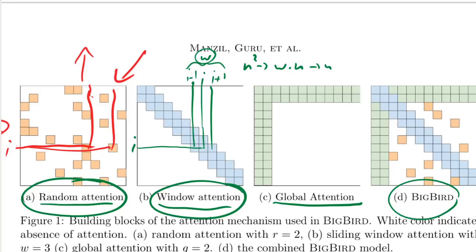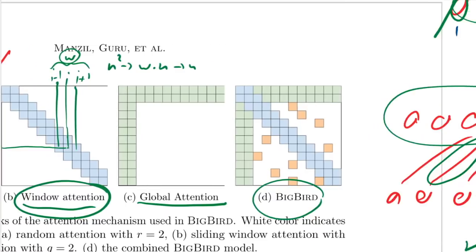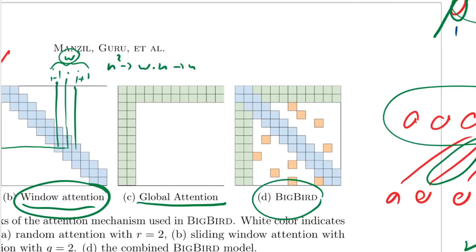Now, the global attention is selected tokens, fixed by the developers, that are so important that they are connected to everything else. So, for example, in these transformers, you often have this kind of CLS token.